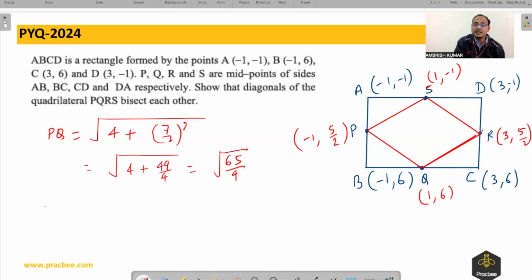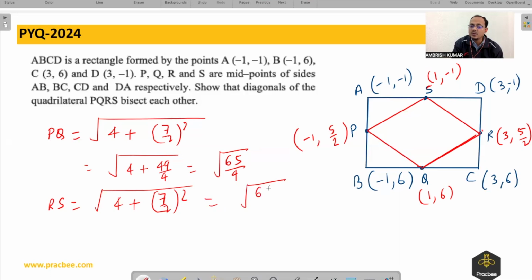Then you find the distance RS: 3 minus 1, again 2 whole square, that is 4, and 5 by 2 minus -1, that is 5 plus 2, 7 by 2 whole square. We get the same value here as well, square root of 65 by 4. These two opposite sides, PQ and RS, are equal.